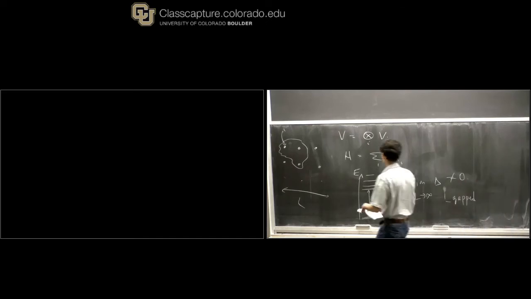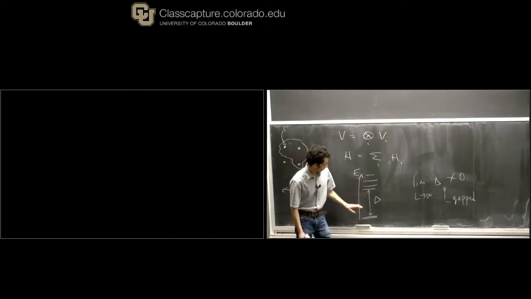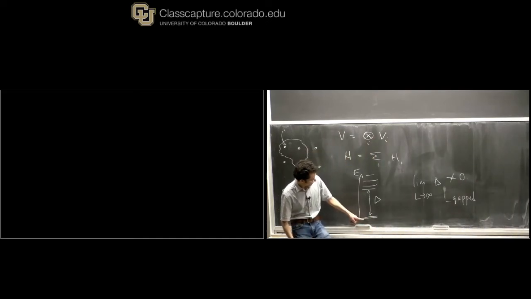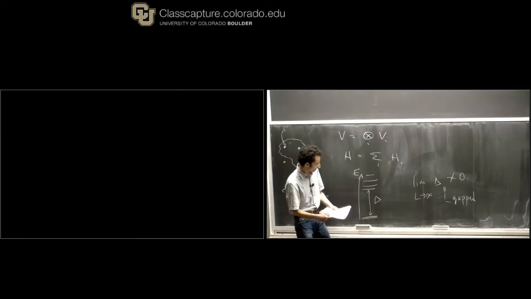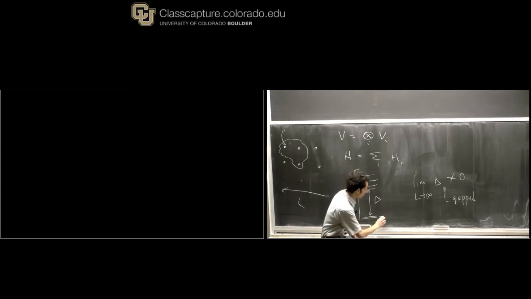Notice here I had potentially several levels below the gap, and the understanding is that there is perhaps a finite number of states below the gap, and they all become degenerate as L goes to infinity.